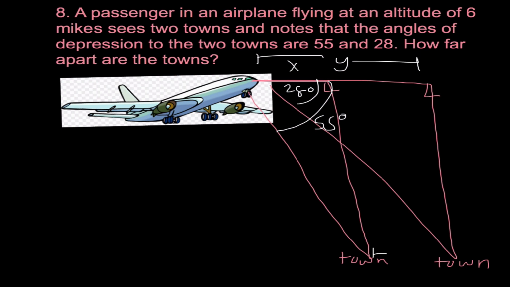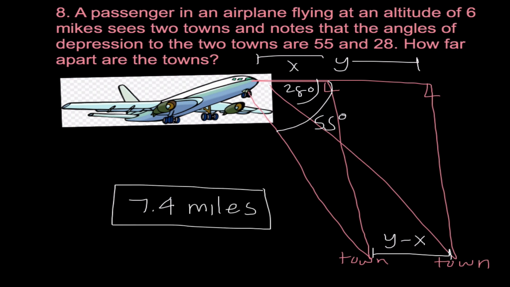This time to find the distance here, I would need to do y minus x. When I subtract those values that we already found, I would get 7.4 miles, because that is 11.6 minus 4.2. Those trig ratios end up being the same because this is still 6 miles.